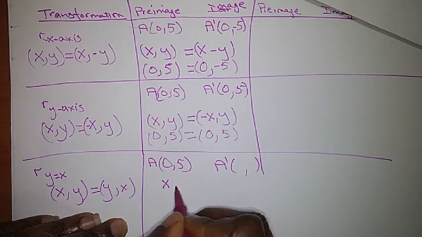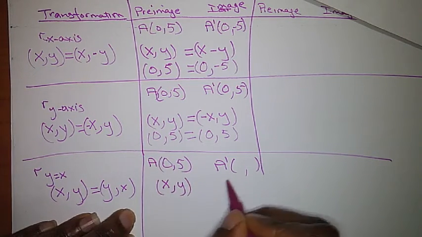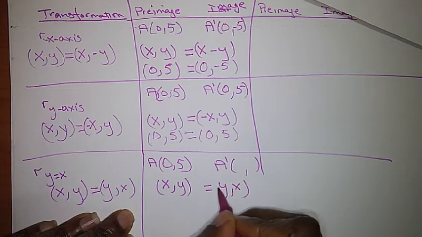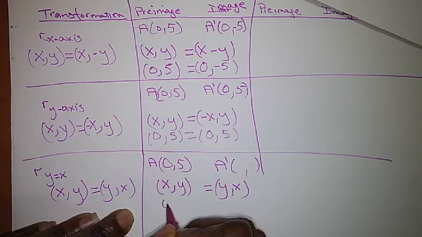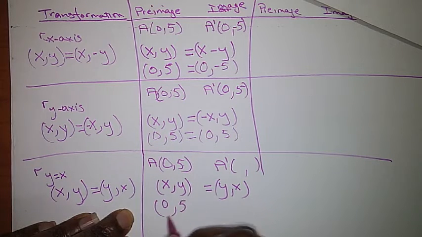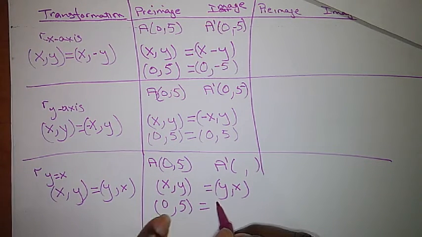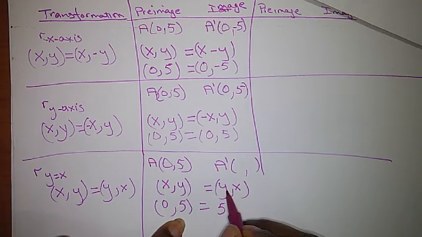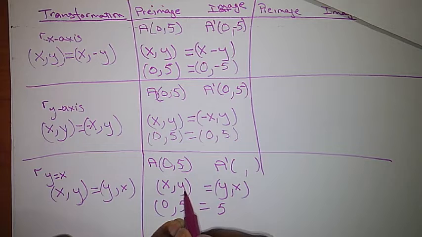Again, I'm going to write my rule, (y, x). I know my x is 0, my y is 5. After the reflection, I'm supposed to flip them. So I'm going to put 5 here, because my y value changes position. It changes from the y position and now becomes the x value position.